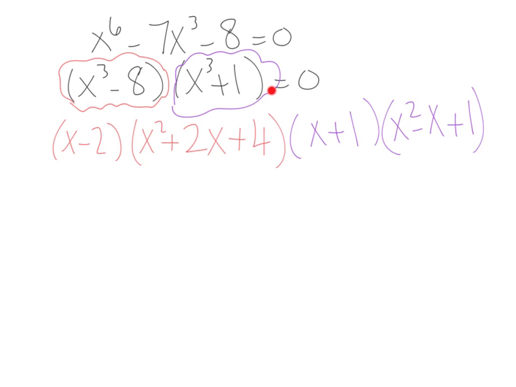X cubed plus 1: the cube root of x cubed is x, the cube root of 1 is 1, and then the first term is squared, and then first times second, so over here negative x, because we said opposite sign, and then the last term is squared. So I factor each one, and that's what I get.